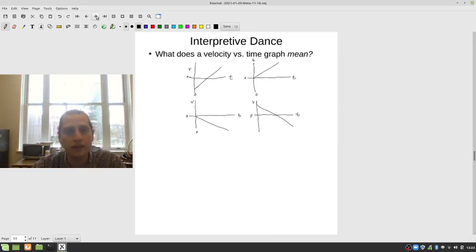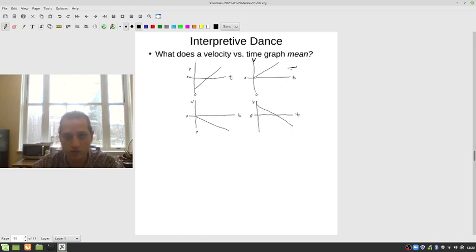Now, in my last lecture, we were trying to draw a picture of position versus time and interpret that. We can also draw pictures and interpret them for velocity versus time. So, here, let me make sure that's a V. What does a velocity versus time graph mean? Here's probably the simplest one. Our velocity starts at 0 and it gets more and more positive.